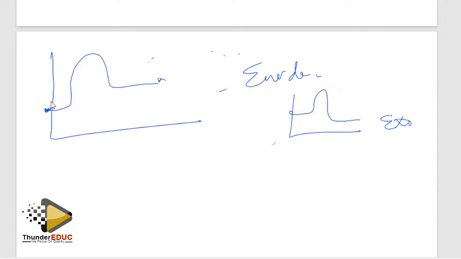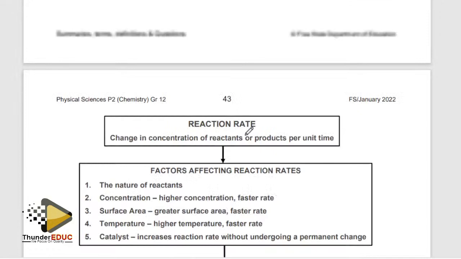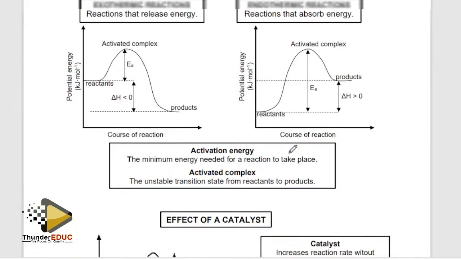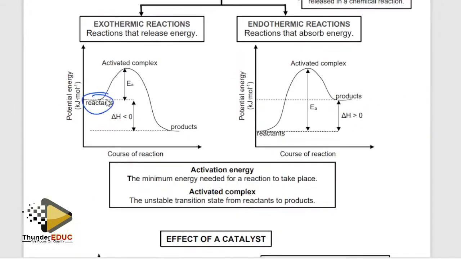Now, if this is A and this is B, let me just use this so that I don't waste time. If this is a reactant and this is a product, from top to bottom is exothermic, from bottom to top is endothermic. They talked about it here. From here to here, how do we call that? This is the activation energy.